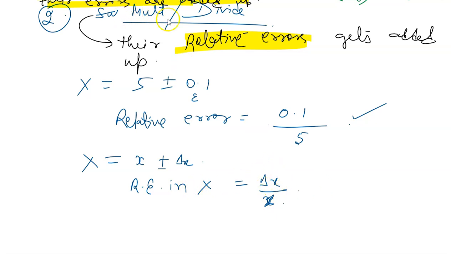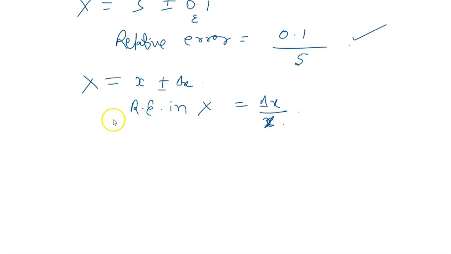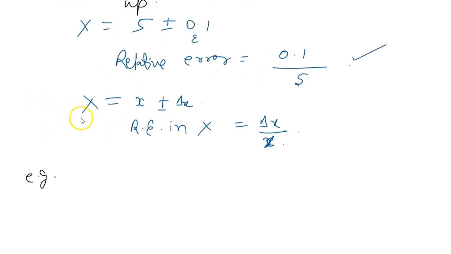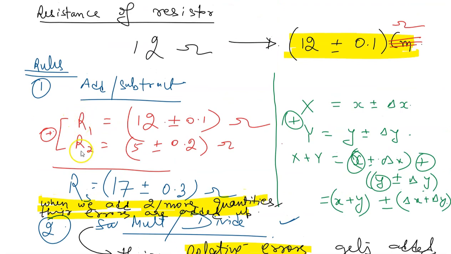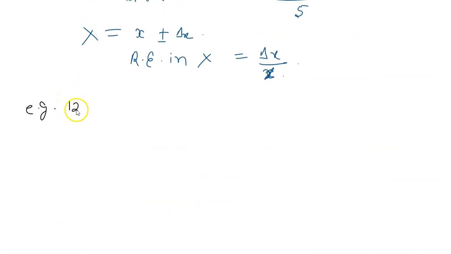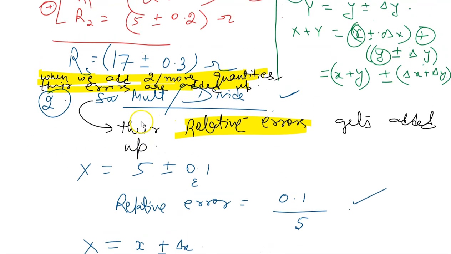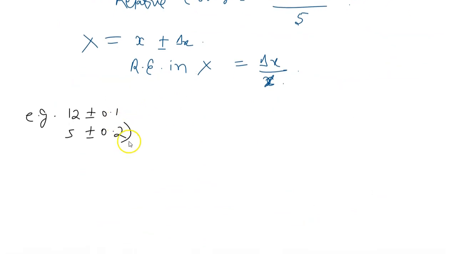So let us take an example to understand multiplication and division. So for example, same resistance, I will take 12 plus minus 0.1 and then 5 plus minus 0.2 ohm.